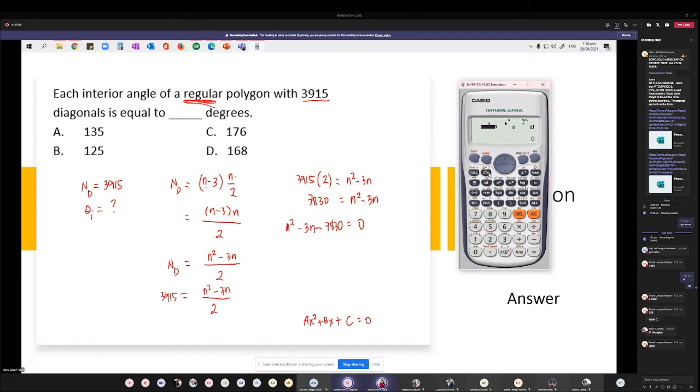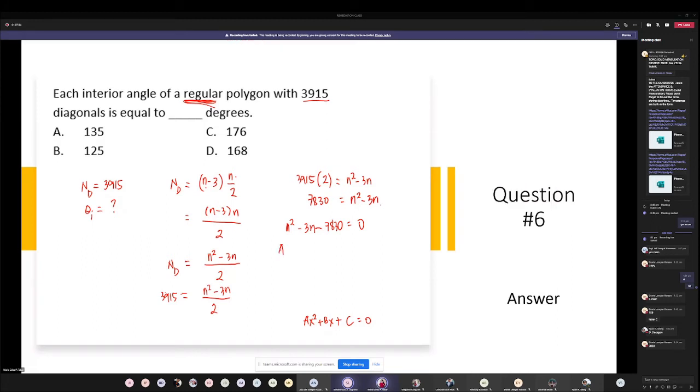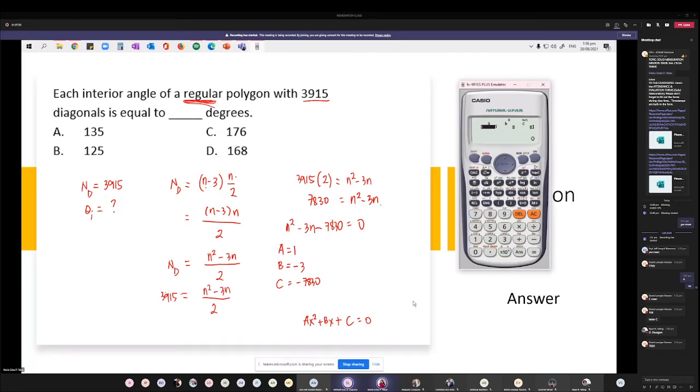Okay, so that should be the format. A here is 1. Put that here. A is 1. B, so the pattern is ax squared plus bx. Since what we have here is minus 3n, the value of B is negative 3. And then C is also negative, so it's negative 7830. So it's 1, then the value of B is negative 3, and the value of C is negative 7830.